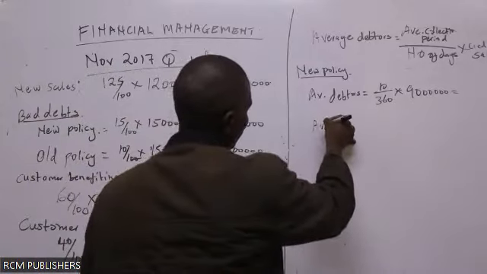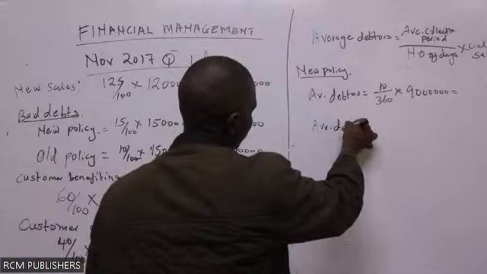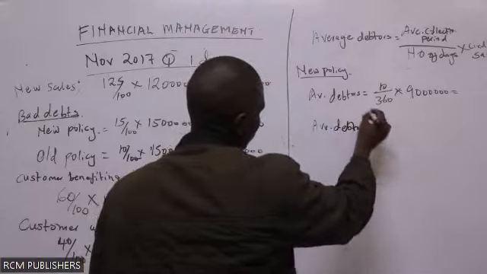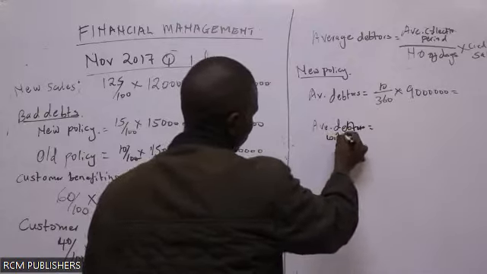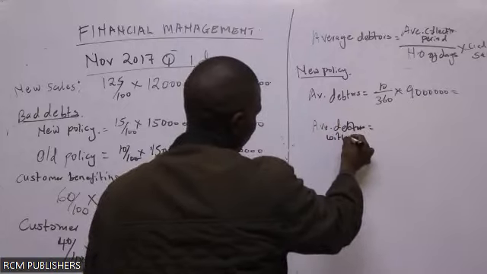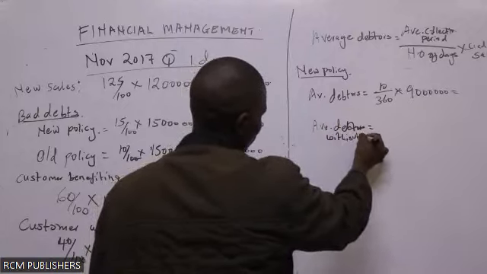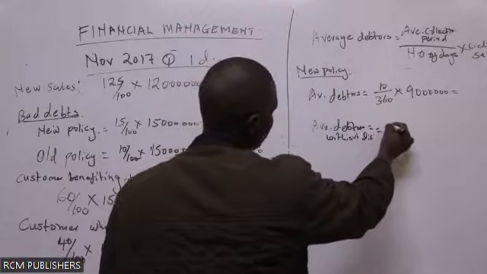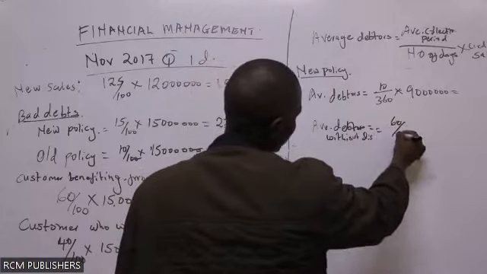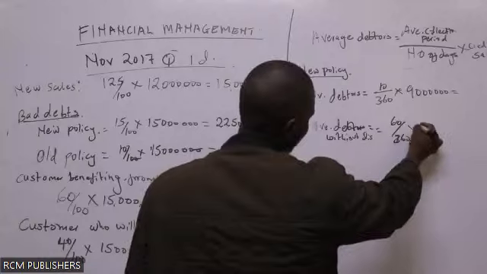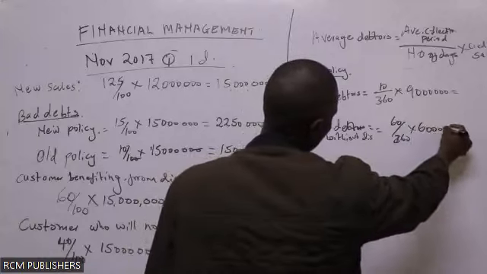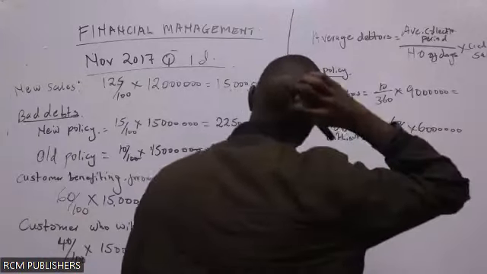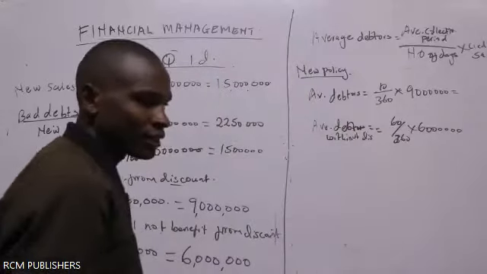So average data without discount. This is with offer. This is without discount. To be 60, net 60 over 360 times 6 million. So nipatie average data ya kwanza.